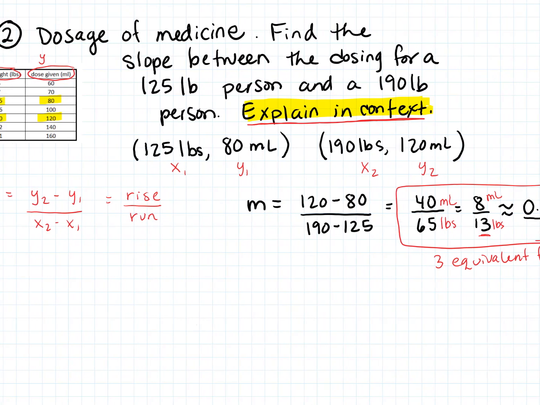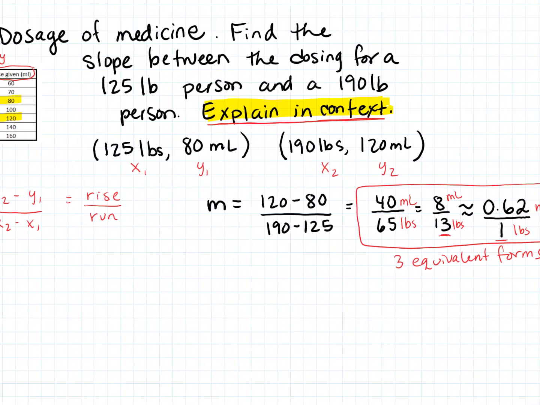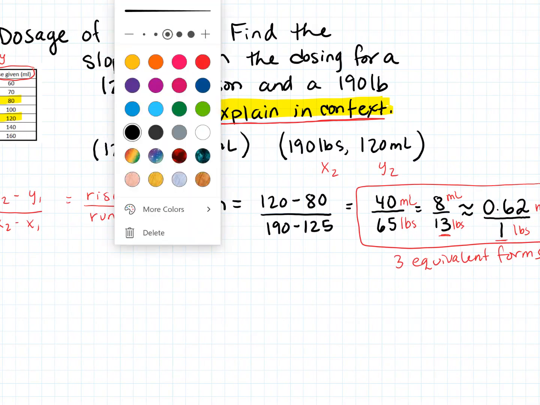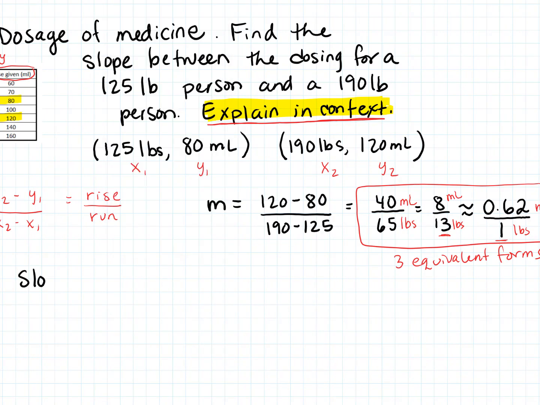If I'm going to write the slope in context, and we're definitely going to practice this in the homework, there are two options. We could say an increase.